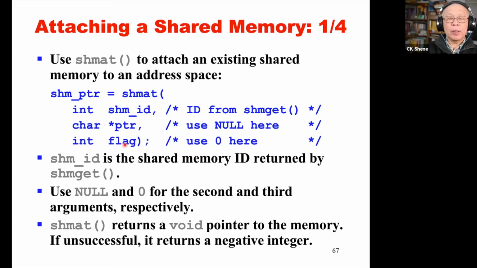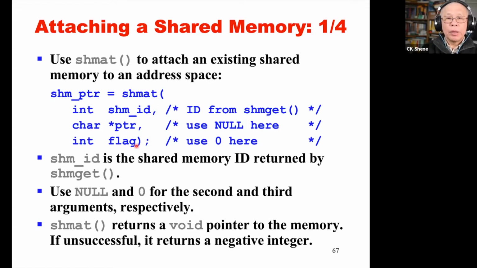That is easy. So if your shared memory attach is successful, shared memory attach returns a void pointer to the shared memory segment. If unsuccessful, shared memory attach returns a negative integer, and that is Unix convention. So let me quickly go through it.